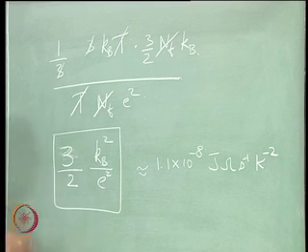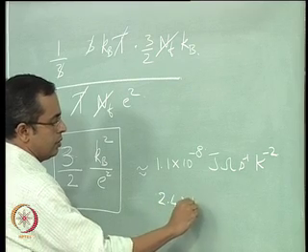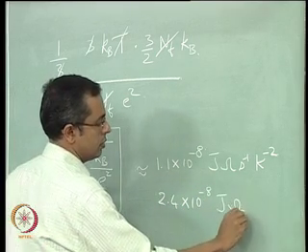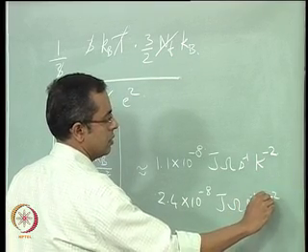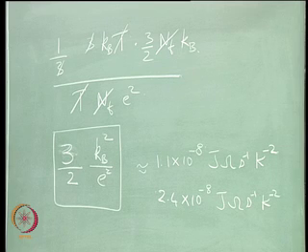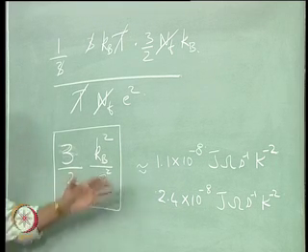As I said, the experimental finding is about 2.4, and what the theory is predicting is 1.1. So this is what we find for the two values that we have here.